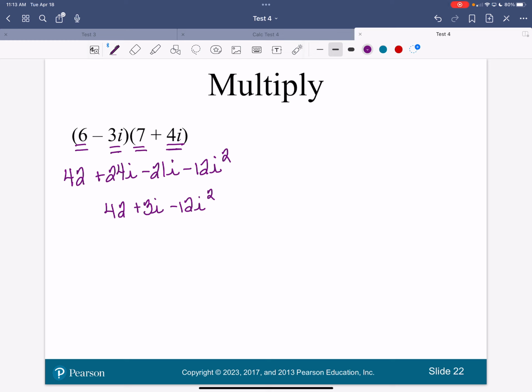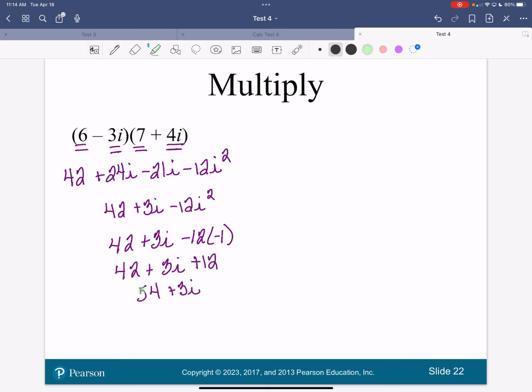What can I do? The i squared is negative 1. So that's 42 plus 3i minus 12 times negative 1. Negative 12 times negative 1 becomes positive 12. And then I'm left with 54 plus 3i. And that is my final answer.